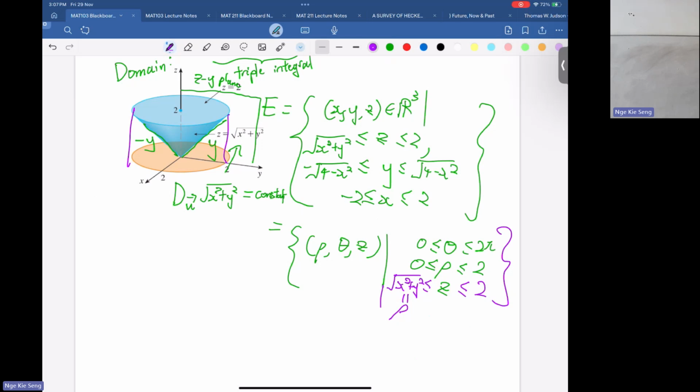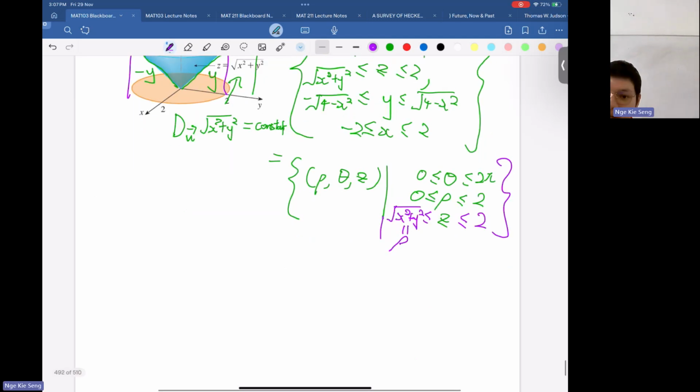For example, in the case above, y depends on x, and z depends on x and y. But in the cylindrical format, what depends on what? Only z depends on rho. That's the only dependence. The others are just usual partial integration.